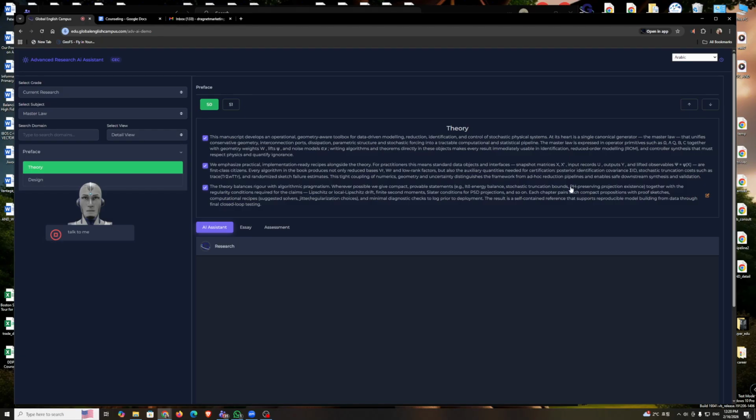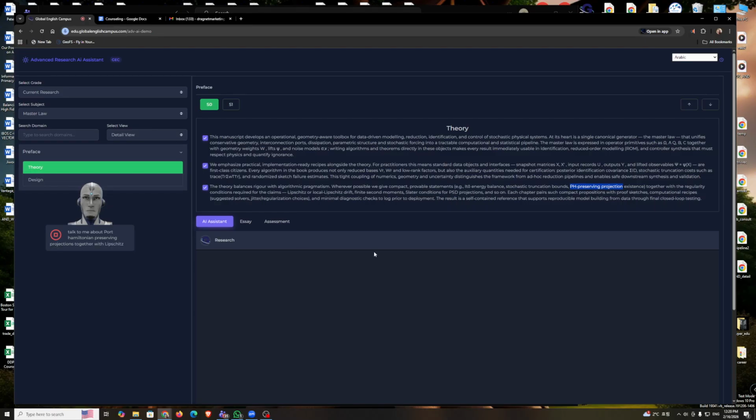Talk to me about Port Hamiltonian preserving projections together with Lipschitz or local Lipschitz drift. Port Hamiltonian preserving projections are methods that ensure the structure of the system's dynamics is maintained when reducing the model. This is important for preserving energy and physical properties.